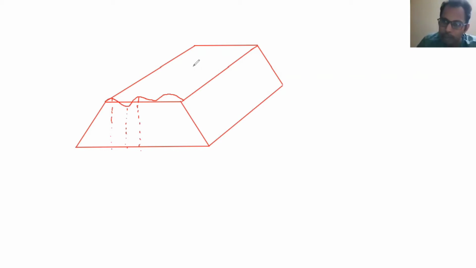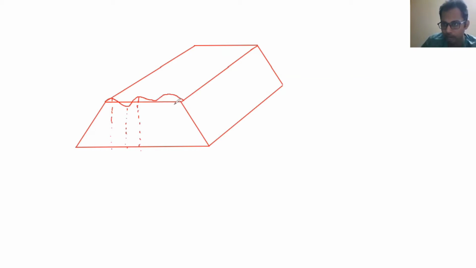Whatever the method, our intention is this: if you take a different, uneven profile, you take an average profile. This is the average profile.